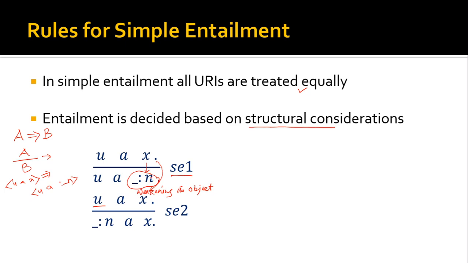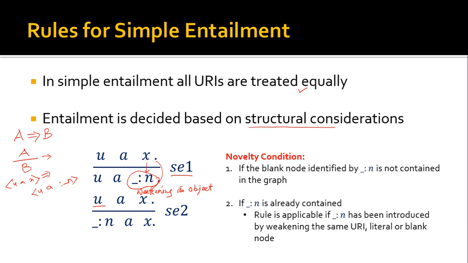While we are using this id, we need to respect a condition which we call the novelty condition. Whenever we are weakening a subject or an object using a node id, we need to make sure that this n is not already there in the graph. As we are coming up with a novel id, that's why this condition is called the novelty condition.